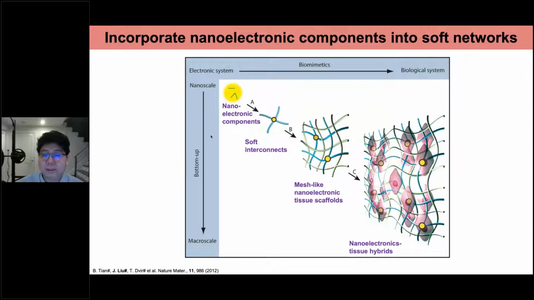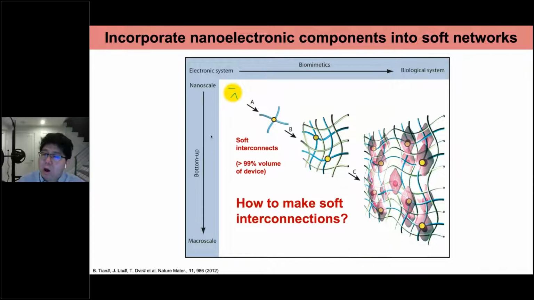We think that we can just pattern them into soft interconnects, forming a mesh-like nanoelectronics network, and then integrate them together with the tissue to form a 3D tissue-electronics integrated structure. But the question is how to make those soft interconnects. After all, they occupy more than 99% of the volume of the device. And in fact, can we really make the soft interconnects?